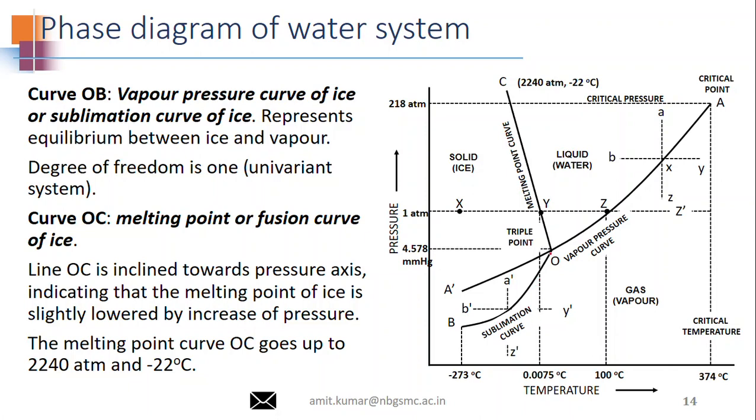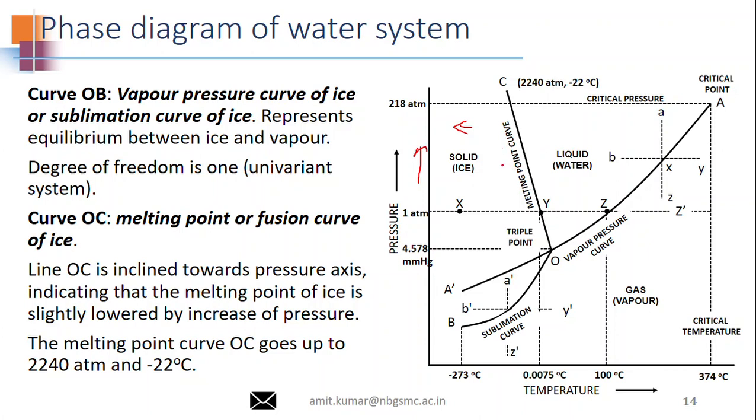Now looking at curve OC, as you can see, this is inclined towards the pressure axis. This phase boundary indicates the points where solid melts to liquid. As soon as you start increasing the pressure, your melting point starts decreasing.